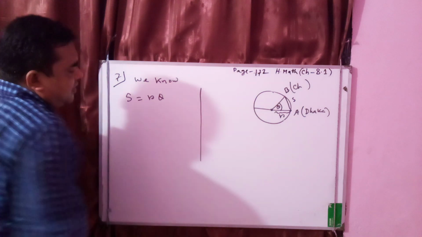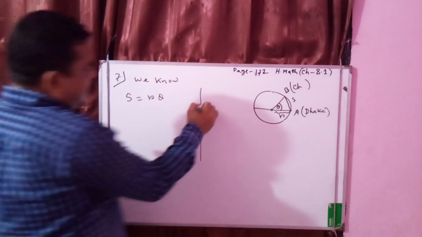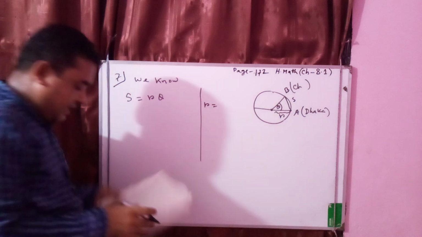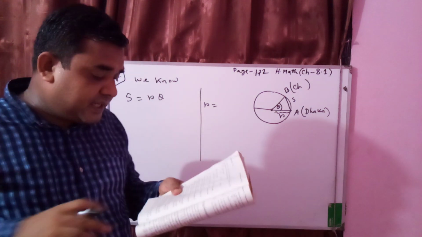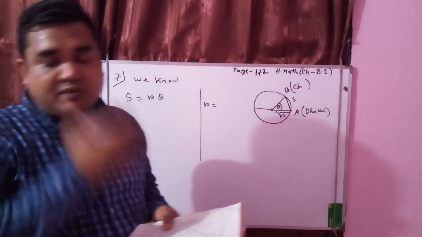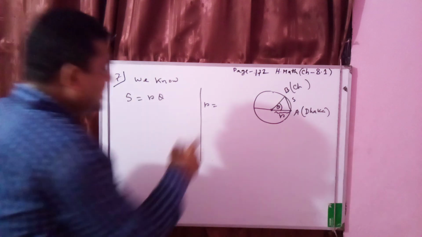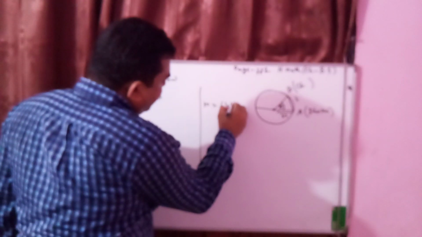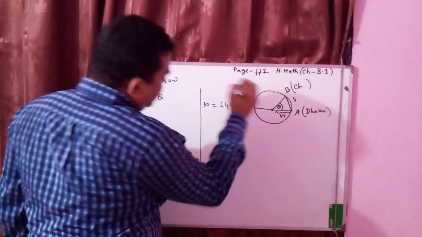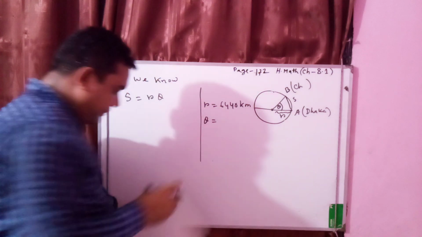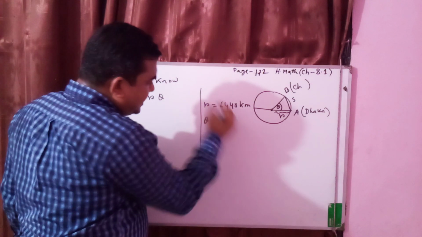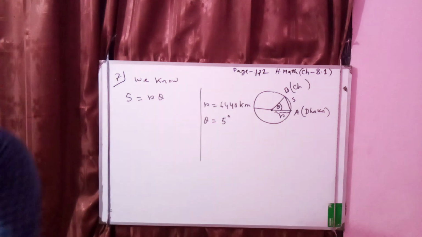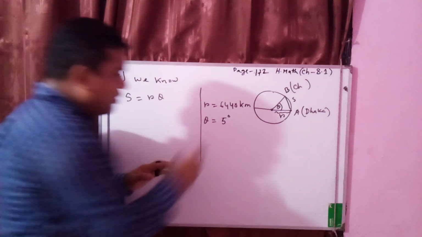Okay, given r equal to 6440 km, taking the earth as a sphere of radius r, we get radius 6440 km, and angle theta equal to 5 degree. Now we convert to radian.